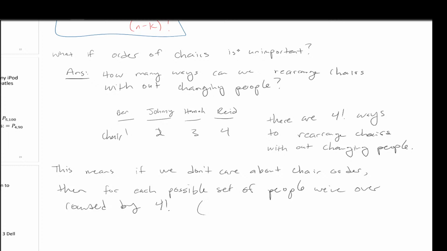So what do we do? Divide nPk, or what should I say, 6P4 by 4 factorial.